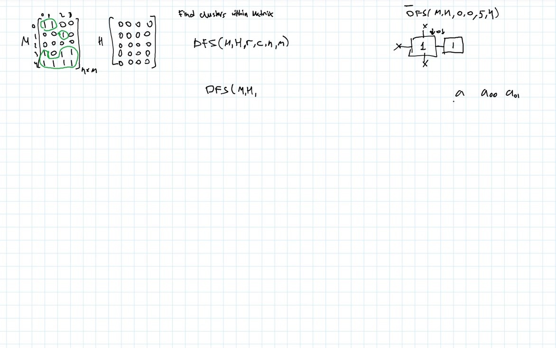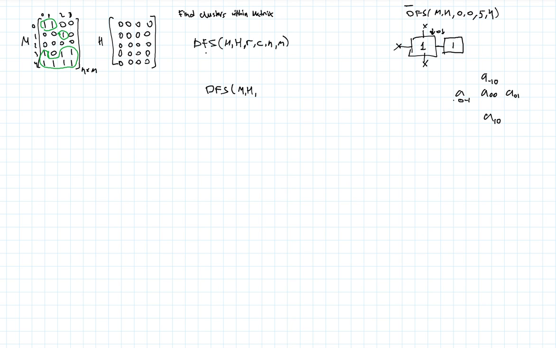This will be 0 minus 1. This will be minus 1 0, and this will be 1 0. So those are the things that I need.